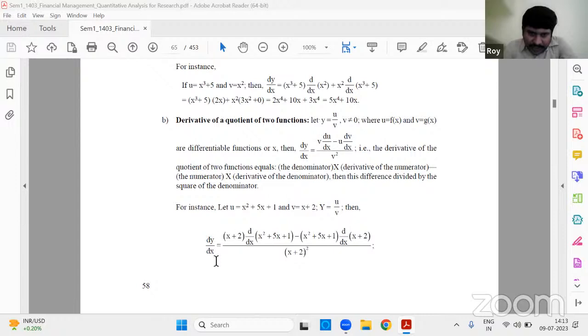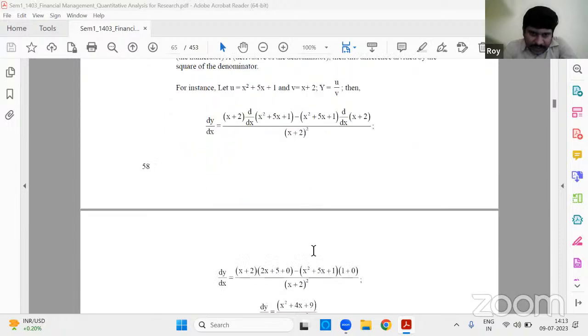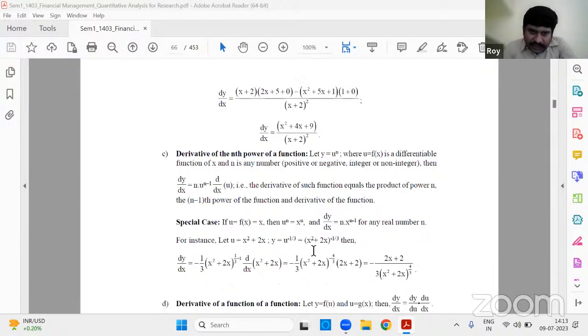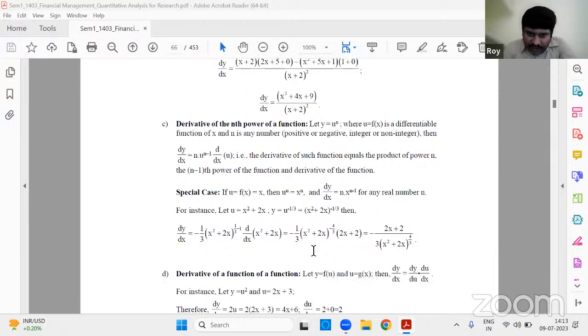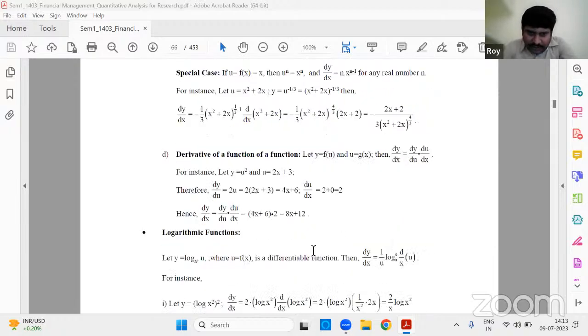And dy by dx is equal to, here, x plus 2 into the derivative of x square plus 5x, minus the x square plus 5x into dv by dx. This will come over V square, where V is equal to x plus 2 whole square. This is the equation. The nth power of the function is also the same, just a function of a function.